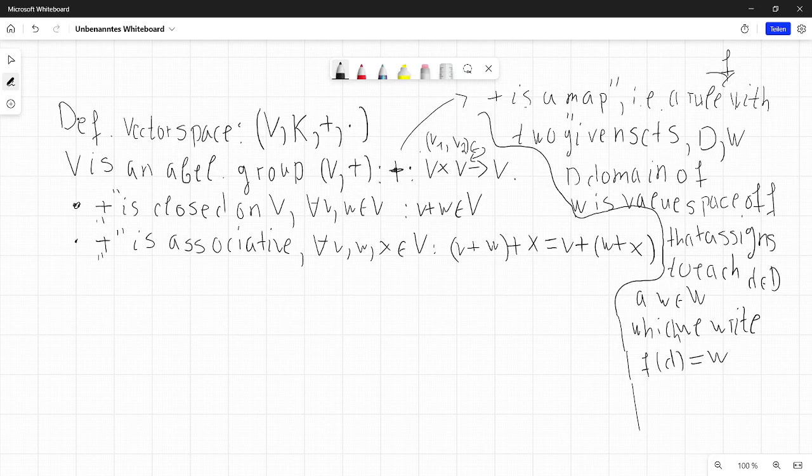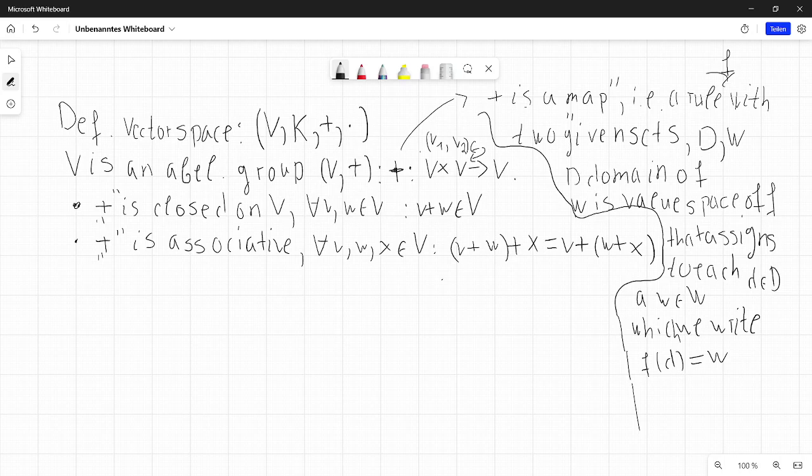No problem with that. And that goes now in V. It takes such a pair and it assigns to it some vector in V, which we write v1 plus v2. So then the meaning of this becomes clear.